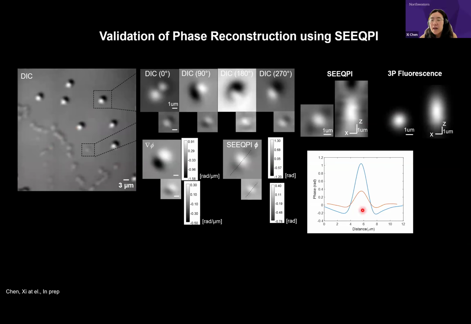And we can test whether the phase shift that we measured using the CQPI agrees with the theoretical shift introduced by the sample. They agree with the theoretical values very well, and you can see that the phase shift of the 3 micron samples is exactly 3 times that of the 1 micron samples, which is what we expected.